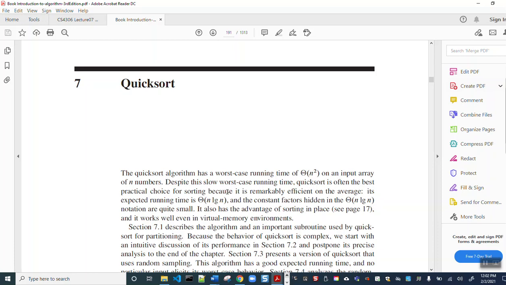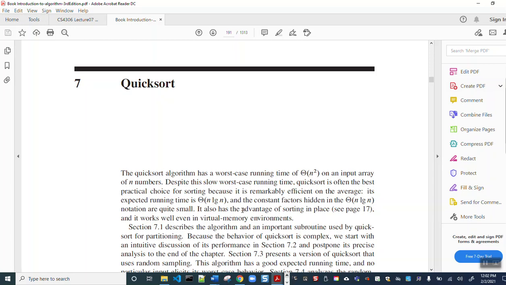In the worst case, that means big O, the time complexity of the Quicksort algorithm is theta, or big O, n squared, where n is the number of elements in the array. In the average case or best case, the efficiency is theta n log n, which is equivalent to the merge sort algorithm.